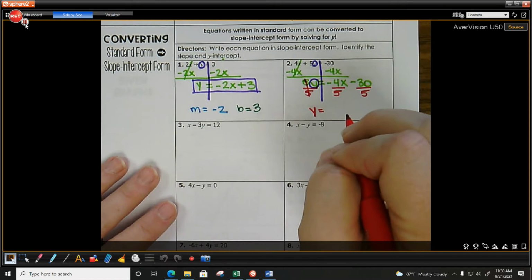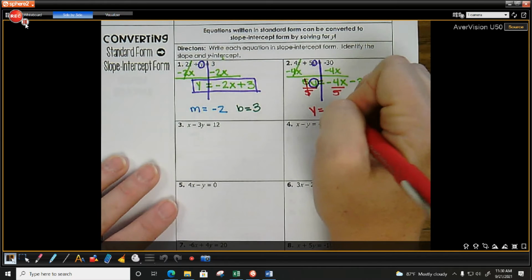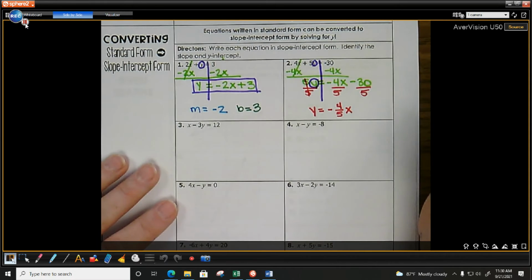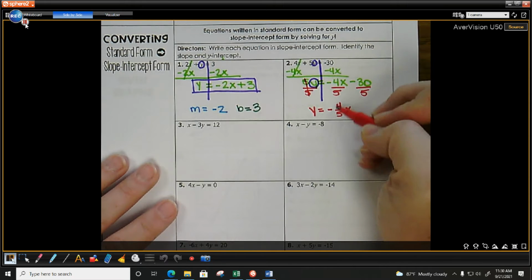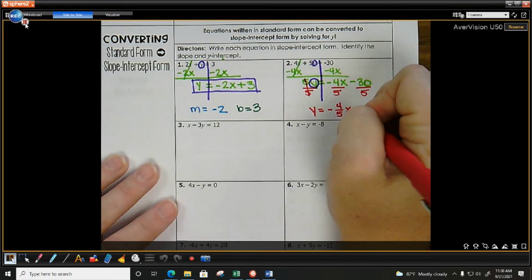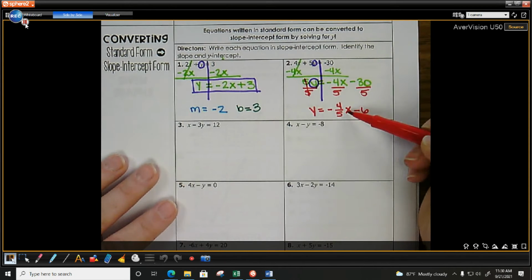No. I'm always going to put my negative out in front, 4/5, and then my x next to it, because my negative 4/5 is my slope, then I have my x. What's negative 30 divided by 5? Negative 6. Are we in the form y equals mx plus b? Yes, so we are good.